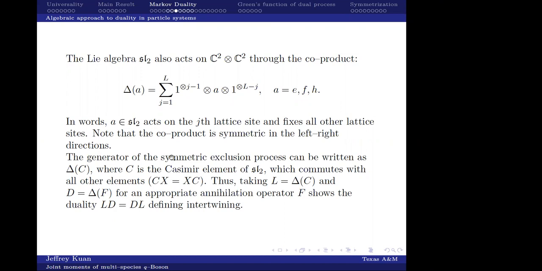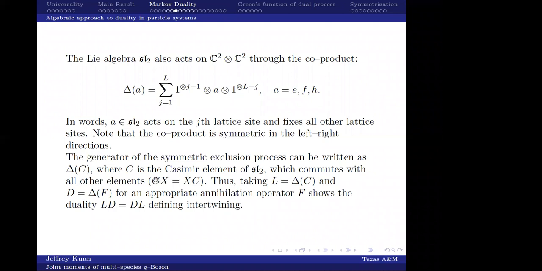So the relationship to symmetric exclusion process is that the generator can be written as the coproduct of this special element called the Casimir. And one thing which makes it special is that it commutes with all other algebra elements. So Cx equals xC.